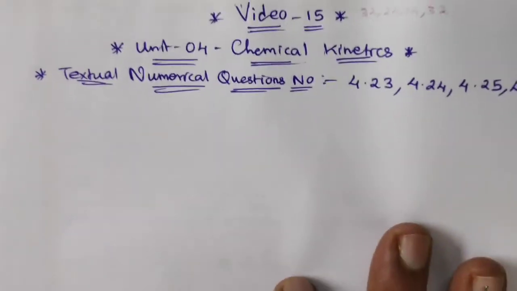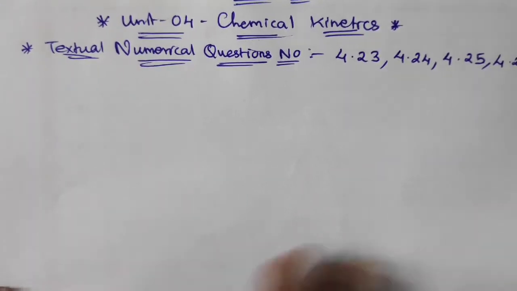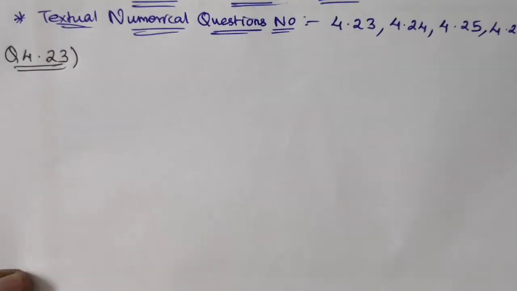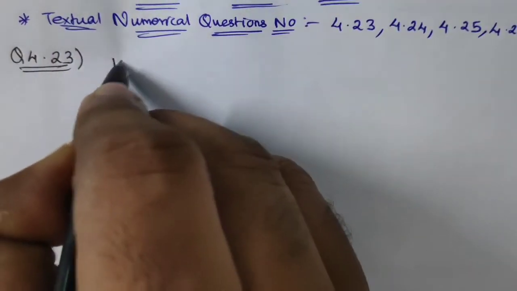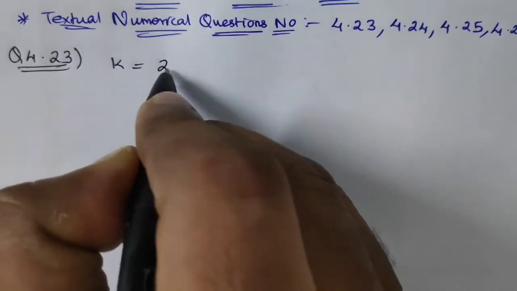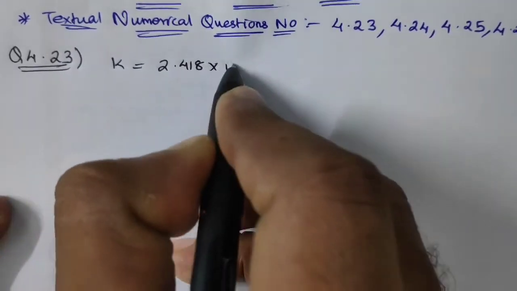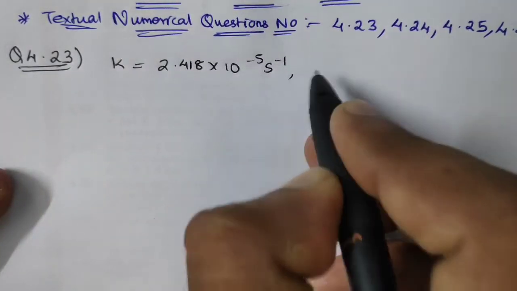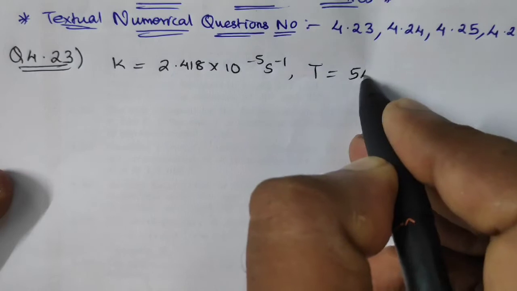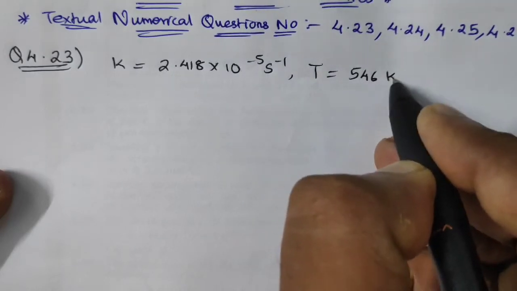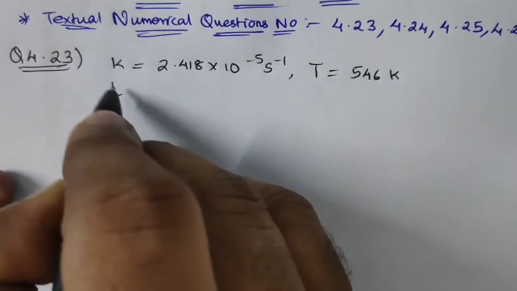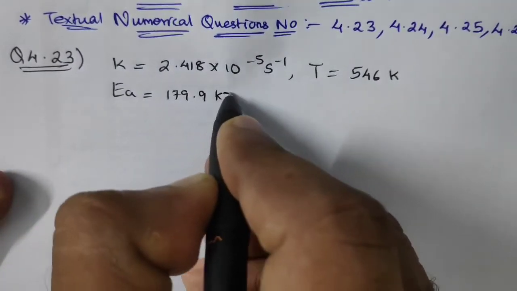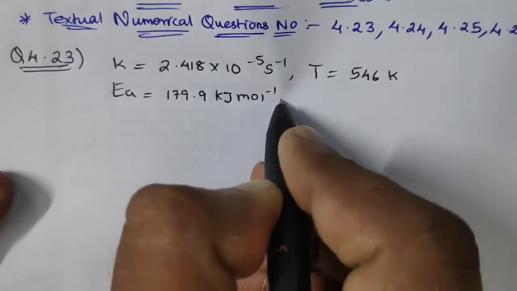Now we will start with question 4.23. In the question the value of K, that is the rate constant, is given: 2.418 into 10 raised to minus 5 second inverse. Temperature was also given, 546 Kelvin. The value of EA, the activation energy, was also given, 179.9 kilojoule mole inverse.